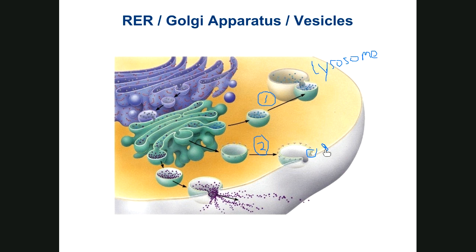The third destination is down here. The third direction that these proteins are sorted in is towards the cell membrane, but they're not inserted into the cell membrane. These proteins undergo a process called exocytosis.